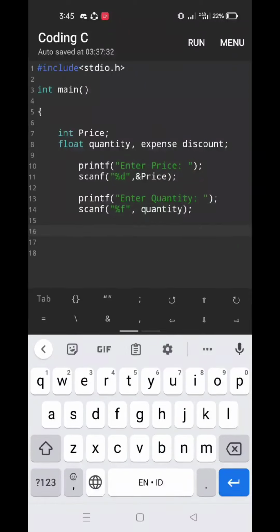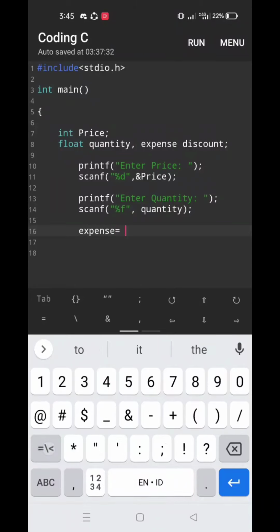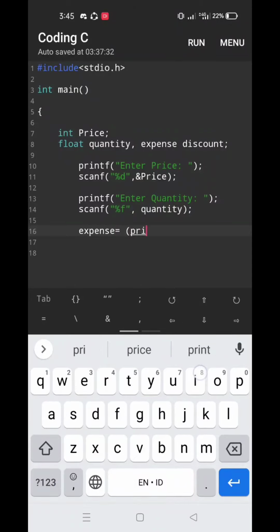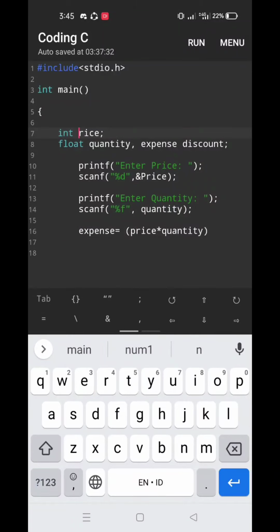Next is we are going to get the equation. So expense is equal to price times quantity.